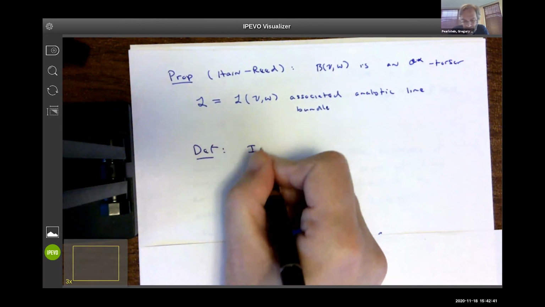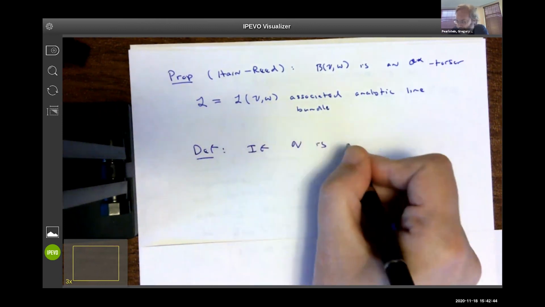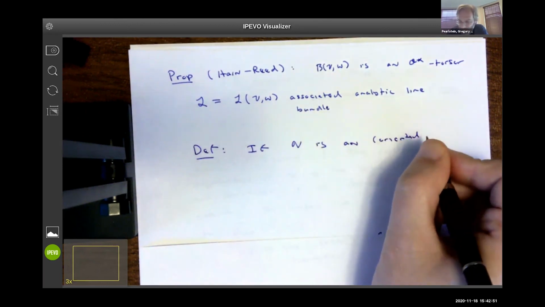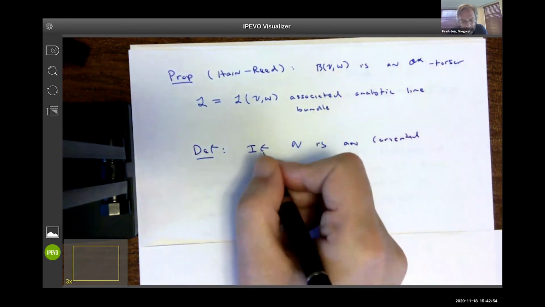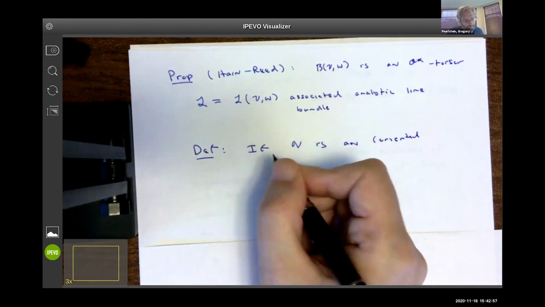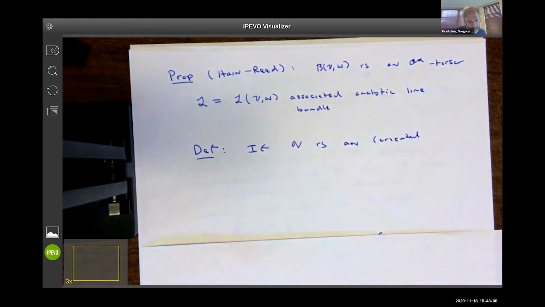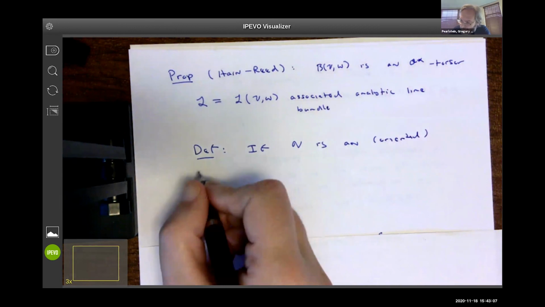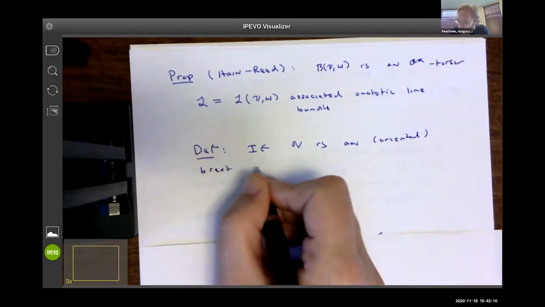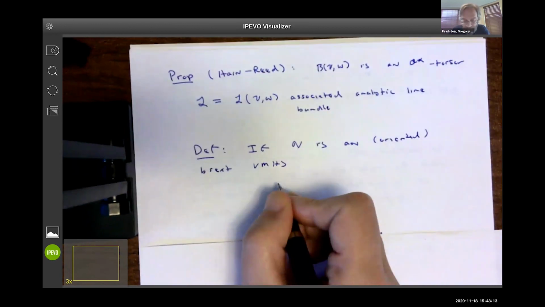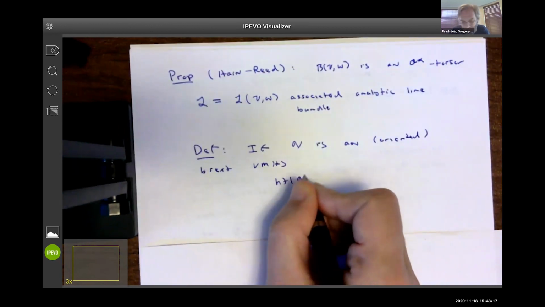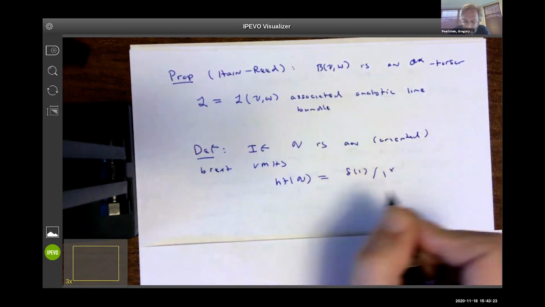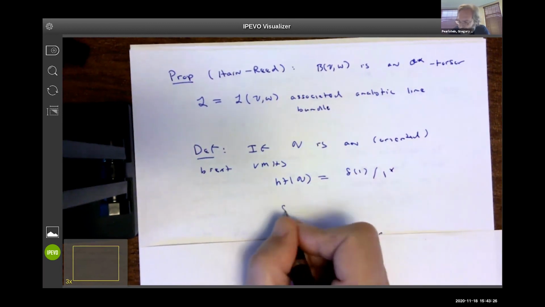If nu is an oriented, I'll explain that later, biextension variation of mixed Hodge structure, we just define the height of nu to be delta of 1 over 1 dual, where delta is this Deligne splitting.